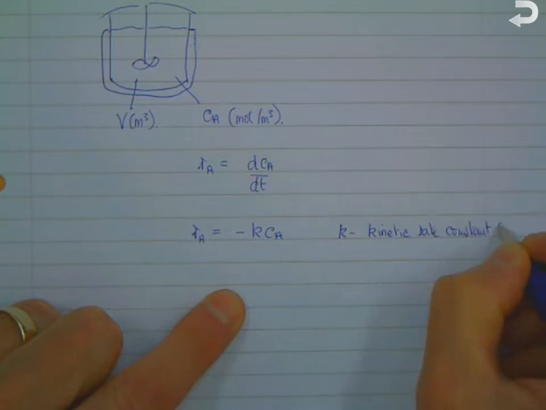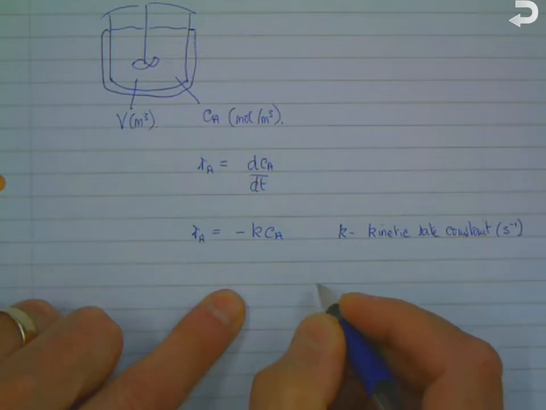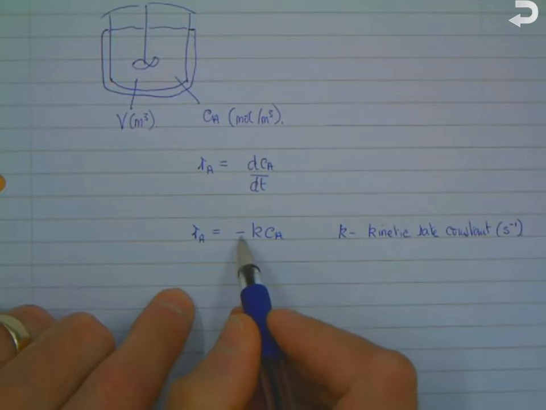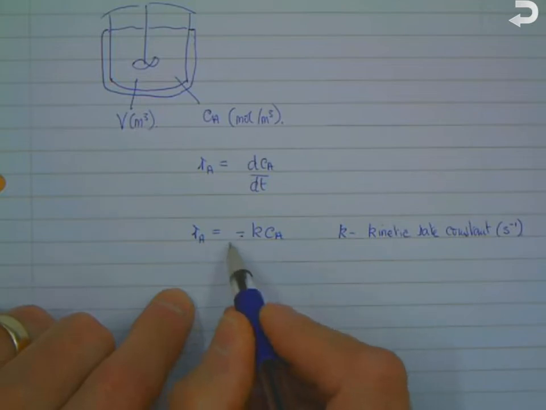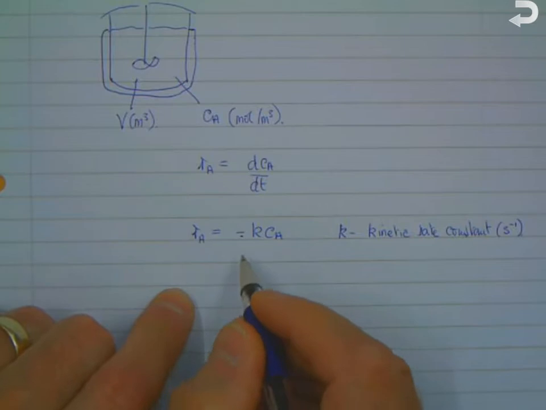Because it's first order, it has units seconds to the minus 1. This is negative because the reaction rate is negative, because A is a starting material which is being consumed. So we've got Ra equals minus K times Ca.